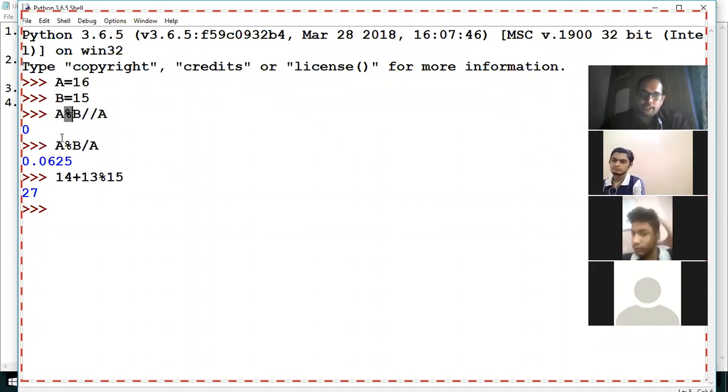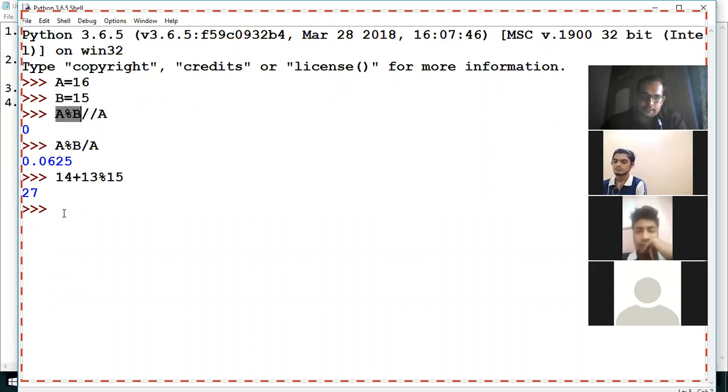The value of a is 16 and the value of b is 15. So first you have to find the modulus. In the case of modulus, it gives the remainder instead of the quotient. So 16 modulus 15 provides 1 as the remainder, because 15 goes 1 time, and 1 is the remainder.